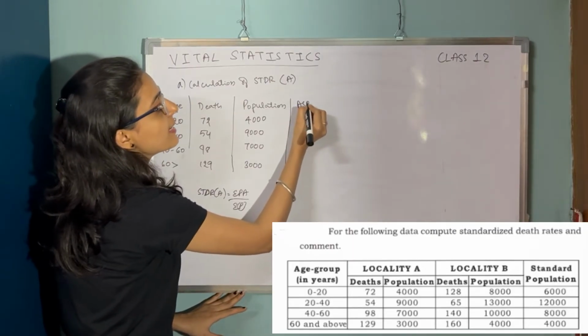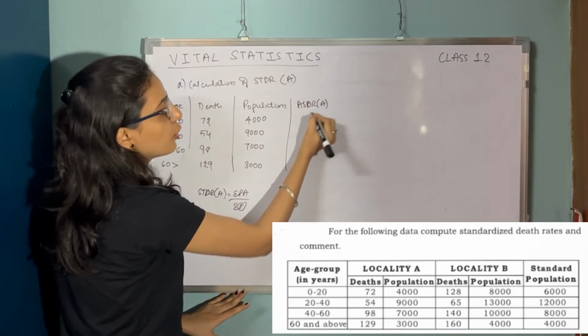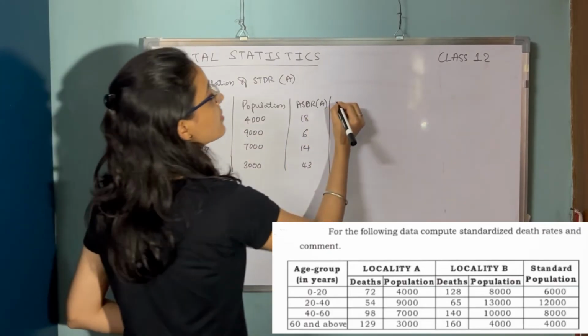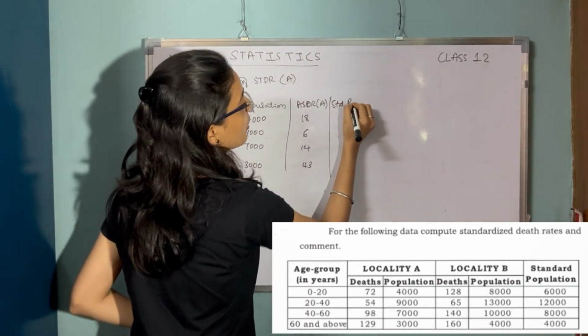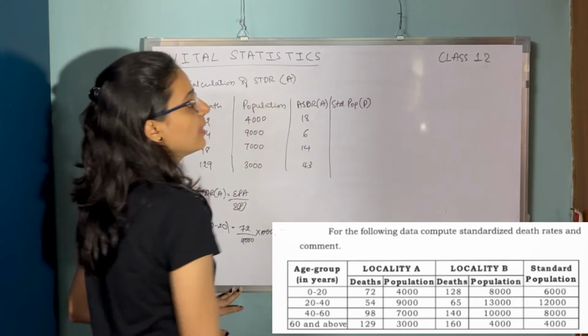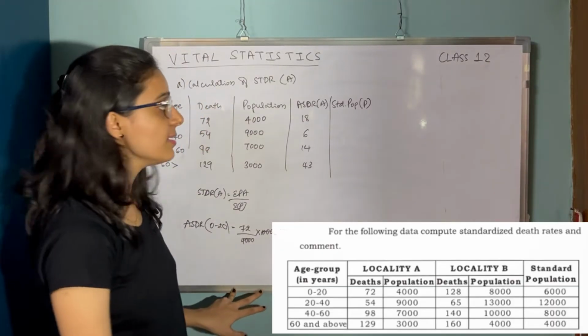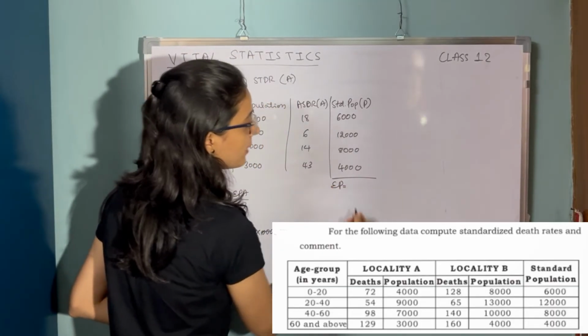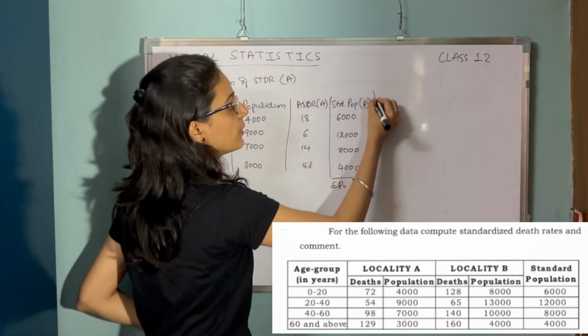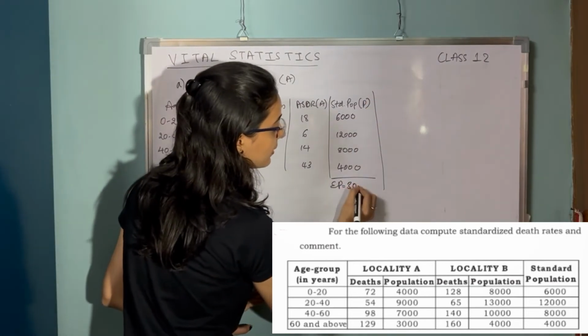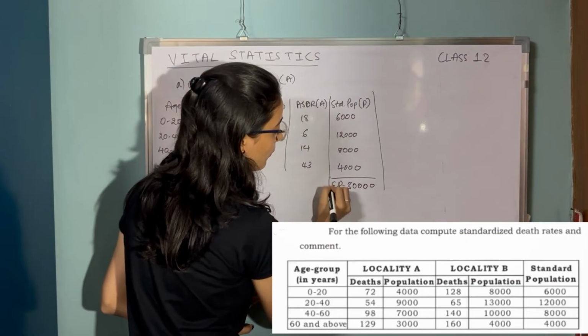Similarly, calculate ASDR for all the age groups. Now, standard population, which is P. Let's note down the information, that will be summation P. So the total of standard population is 30,000.